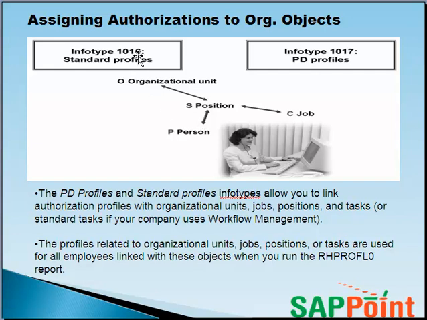Now you should not enter authorization profiles in this info type that you have created for a role using the profile generator. Meaning, when you create a role using PFCG, you generate a profile for that role. So in info type 1016, you cannot assign the generated profile.